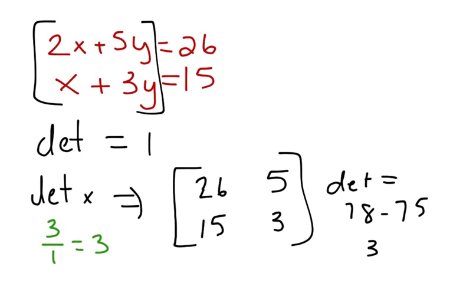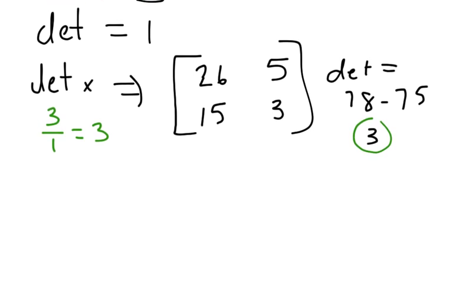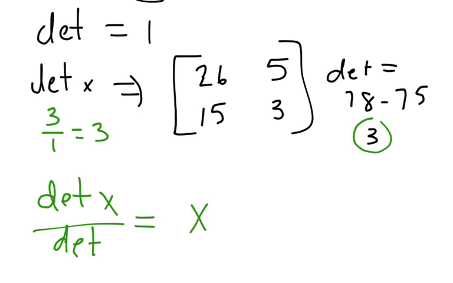So if I do that, the 26 and 15 have replaced this column. Now that my x has been changed, if I do the determinant, I get 3. So the rule states that the determinant of x divided by the original determinant will yield the x solution. Hey, look at that. What a coincidence. Doesn't always work out that way, but determinants cancel out.